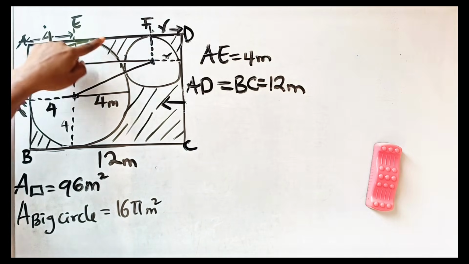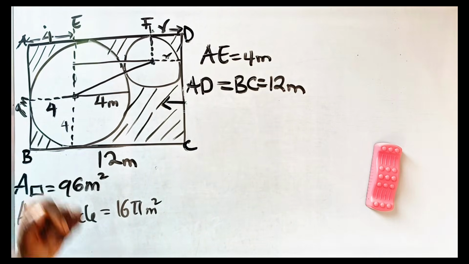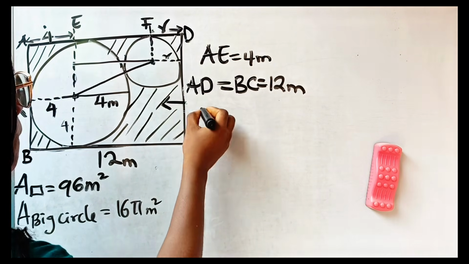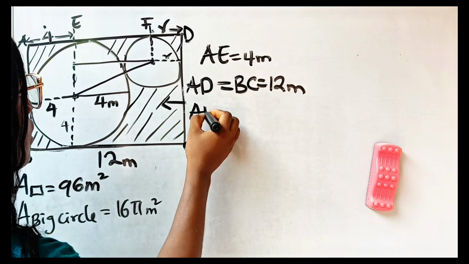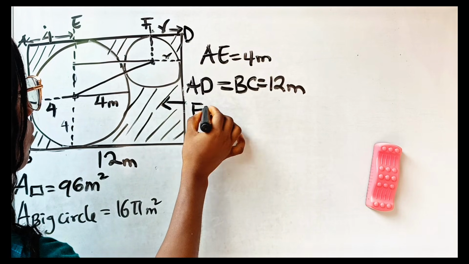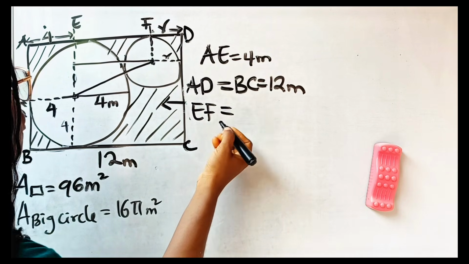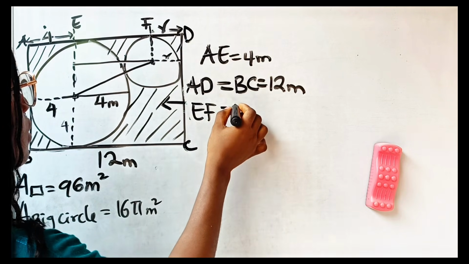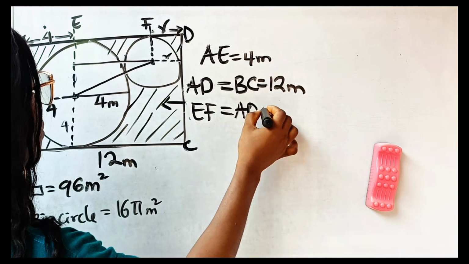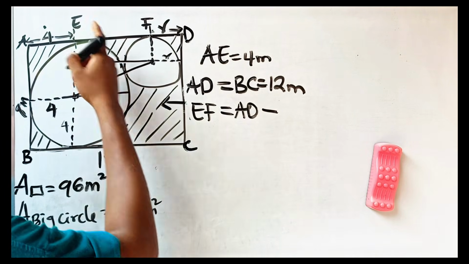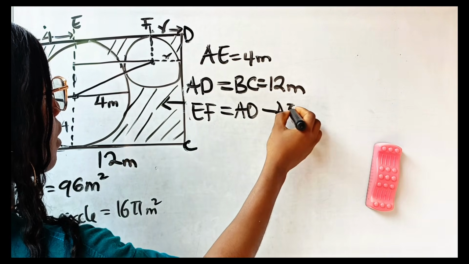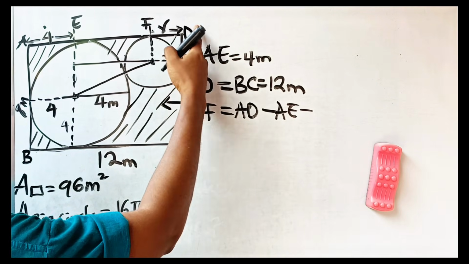Therefore, if I want to get EF, EF will be equal to AD minus AE minus FD.